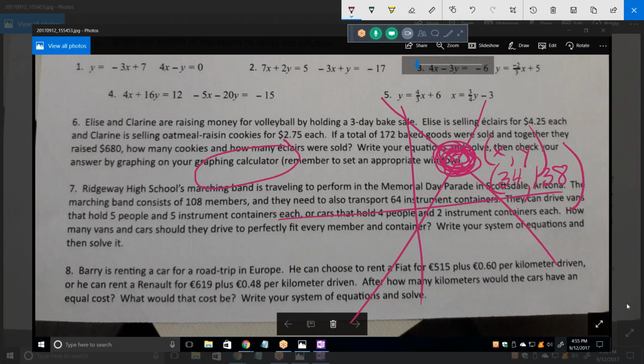You got to put it in your calculator. What kind of calculator do you have, Demetrius? TI-84 or an Inspire? So I still need to buy a graphing calculator. Make sure you buy the Inspire. I believe it's cheaper, or there's not much difference in price.